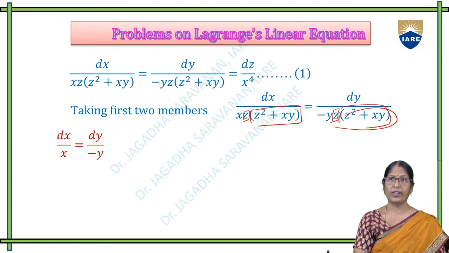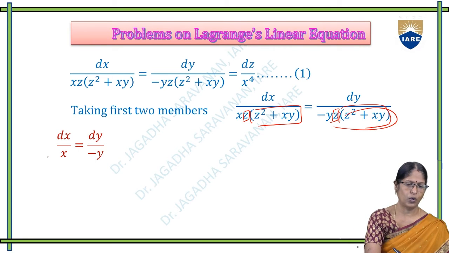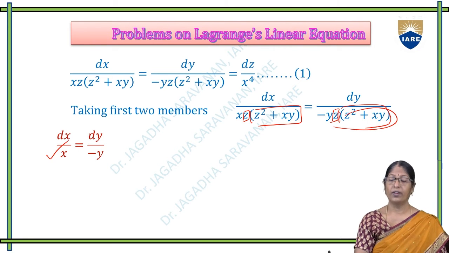So the leftover is dx by x on the left side, which is written here, and on the right side dy by minus y. So we are going to do the integration.